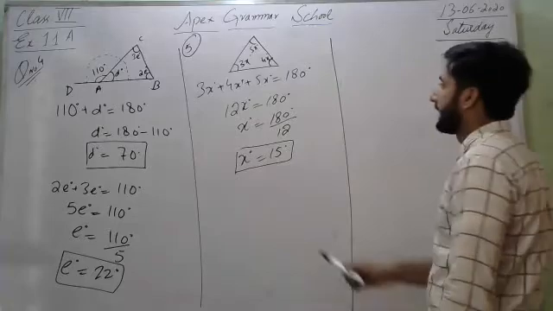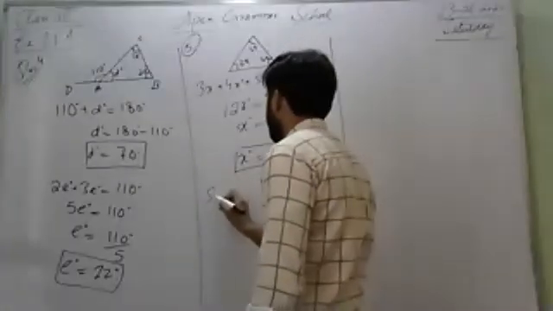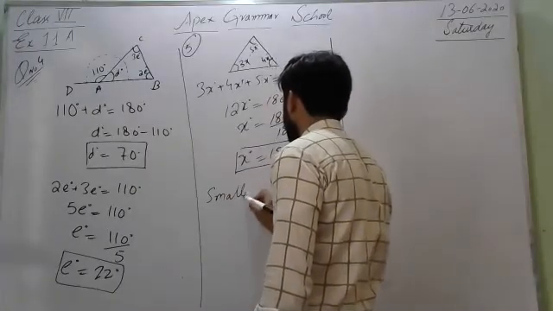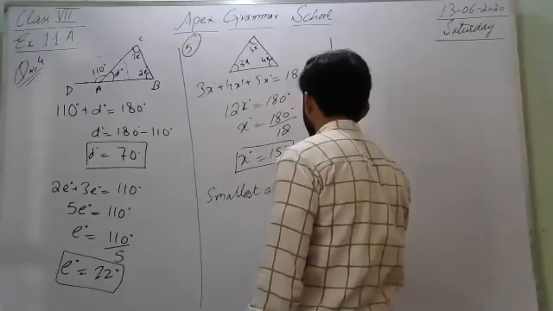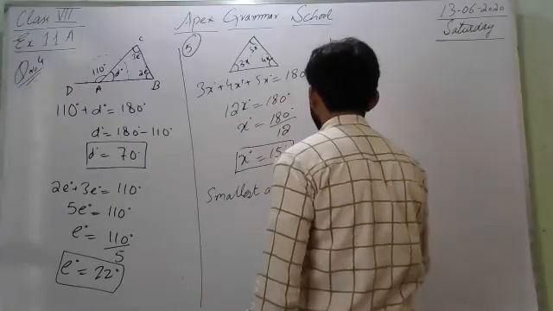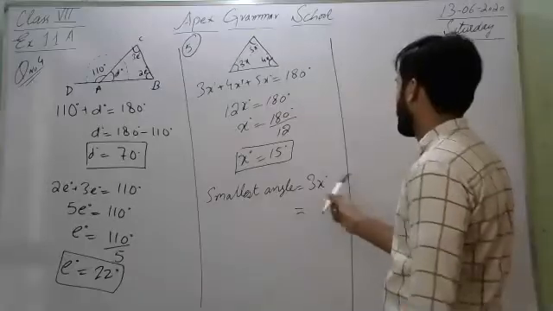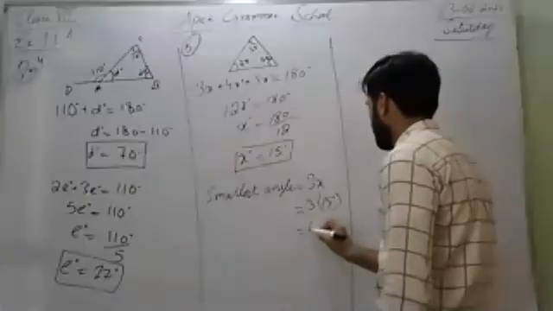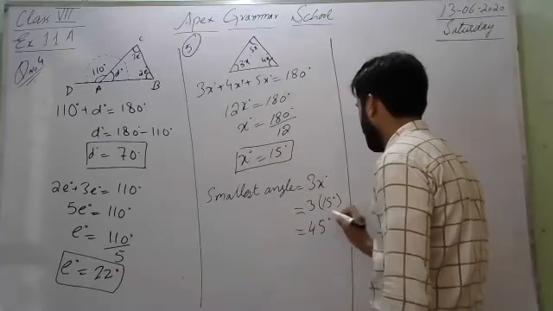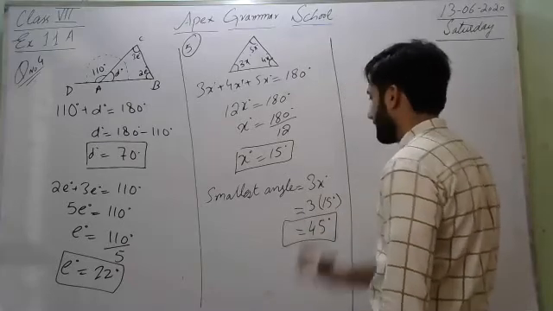Now the smallest angle is 3x degree. Smallest angle equals 3x degree. Now we have to place the value of x. 3 into 15 degree is 45 degree. This is question number 5.